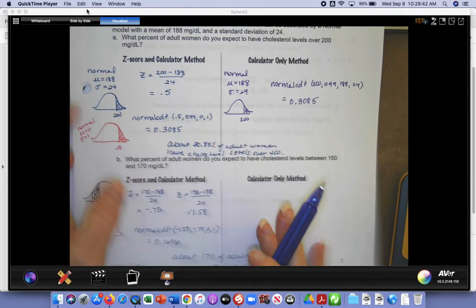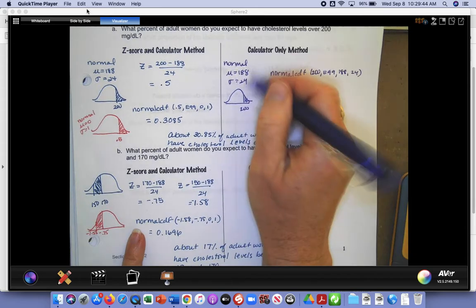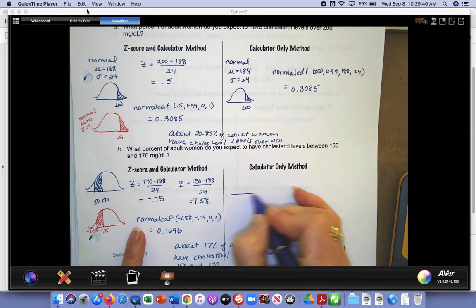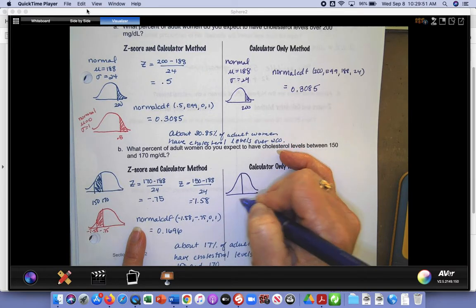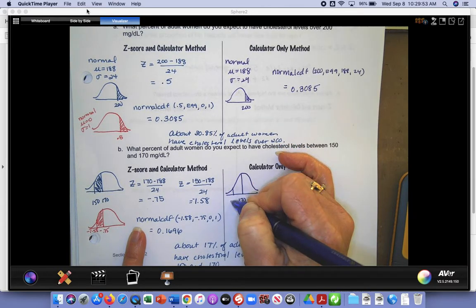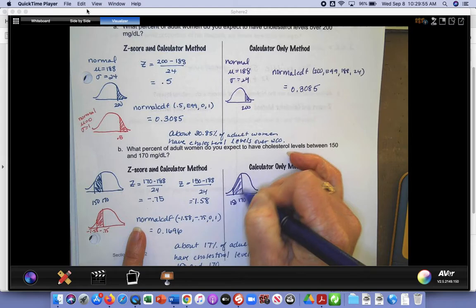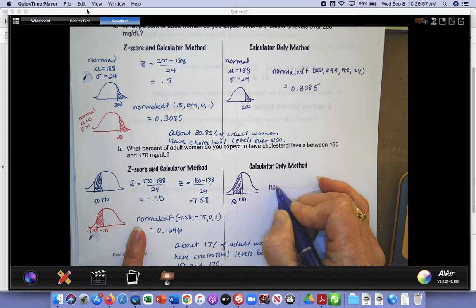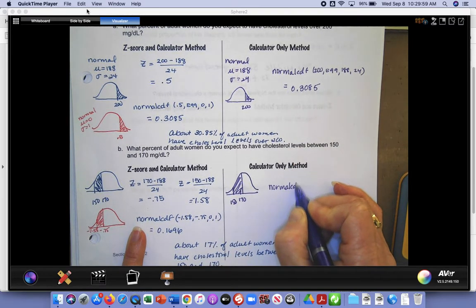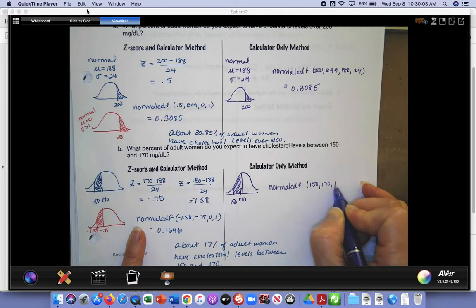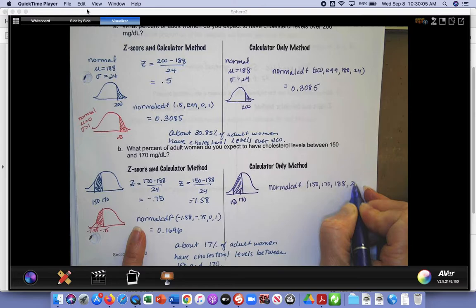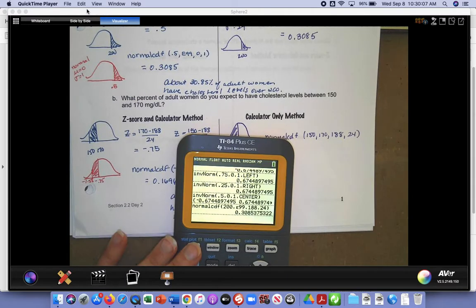The same thing down here for this one. Again, I'm not going to rewrite that because it's the same thing. You don't have to convert it. Lower bound is 150, upper bound is 170, 188, 24.